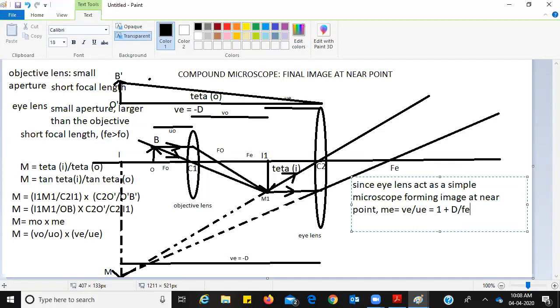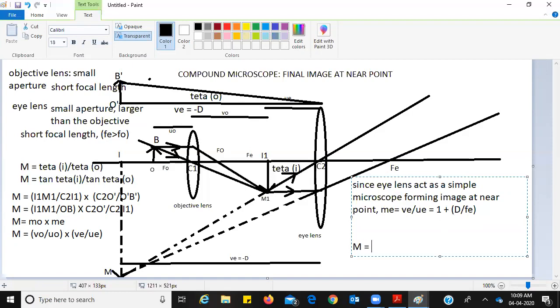If you're particular in deriving, you can sit and derive, I don't mind, up to you. But this is enough for the board. If it was forming the image at far point, it was just D by FE. Now we substitute, that's the final answer.